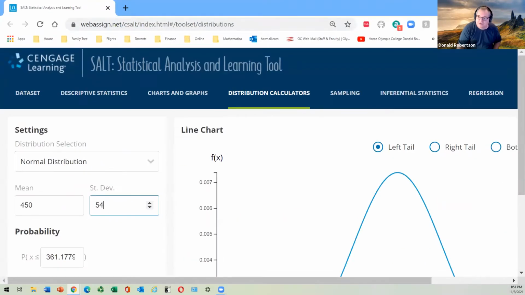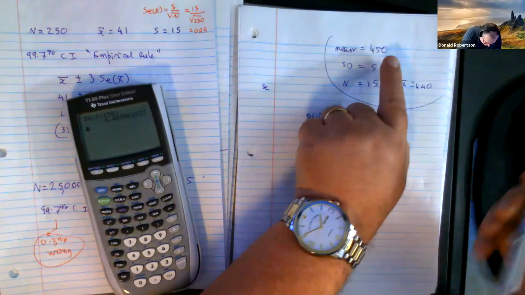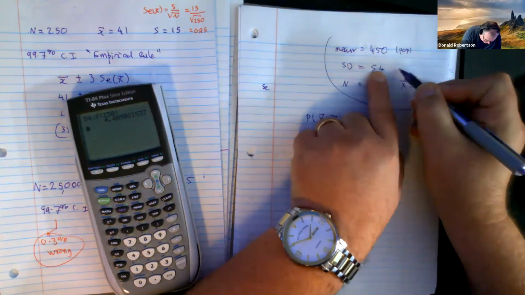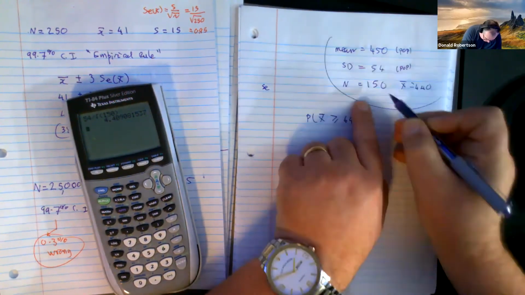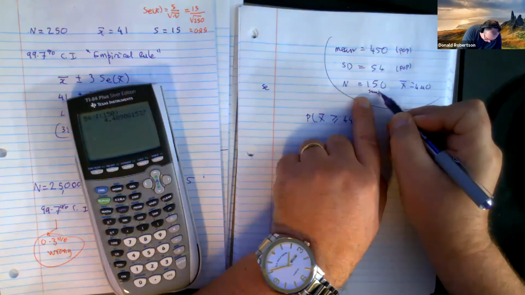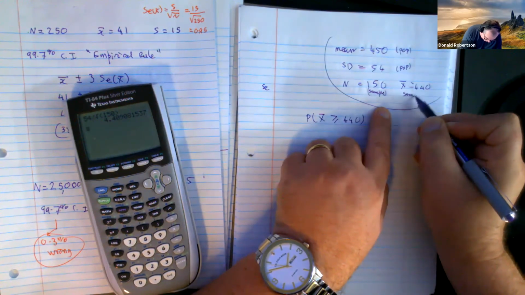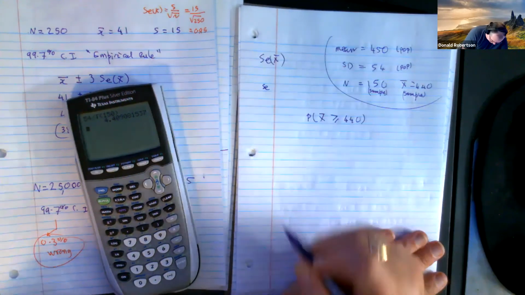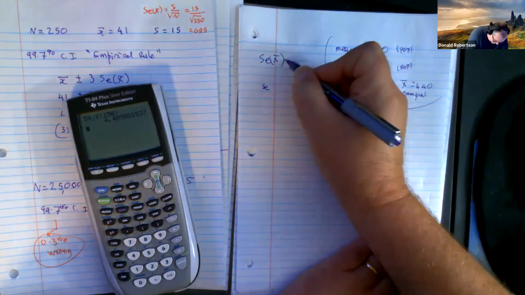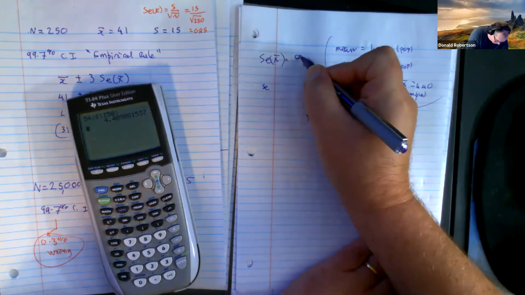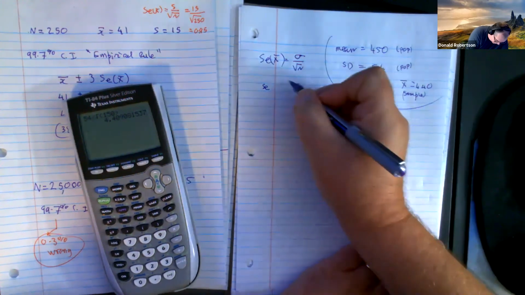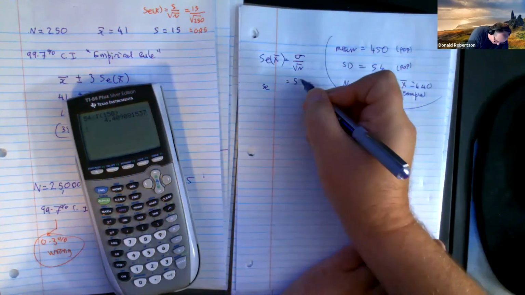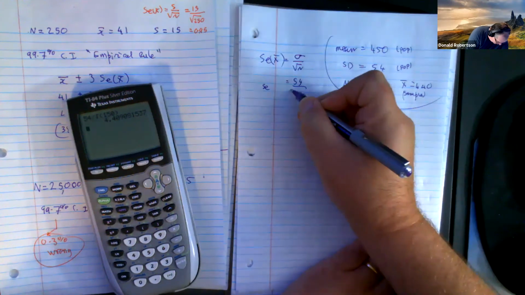Right, let me come back and show you that. That's a population. That's a sample size. And that's the sample mean. That's the information that we've got. The standard error of x bar, because we're interested in x bars here, is sigma over the square root of n. So it's going to be 54 over the square root of 150.